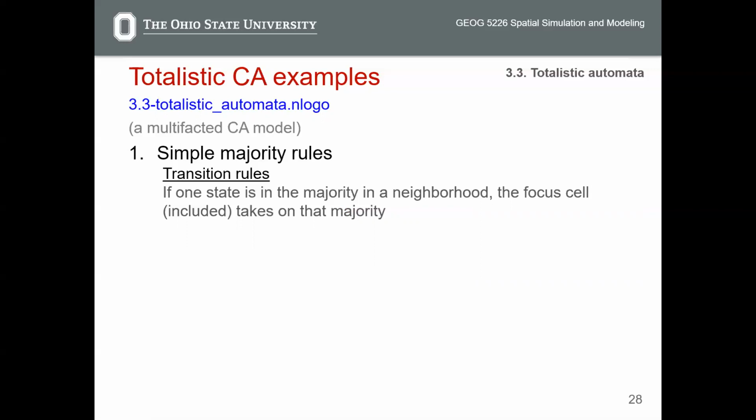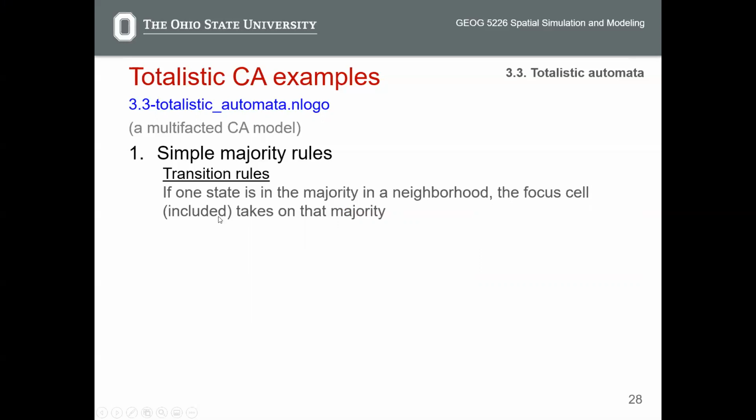So the simple majority rules transition rules are like this: if one state is in the majority in a neighborhood, the focal cell, included itself, takes on that majority.